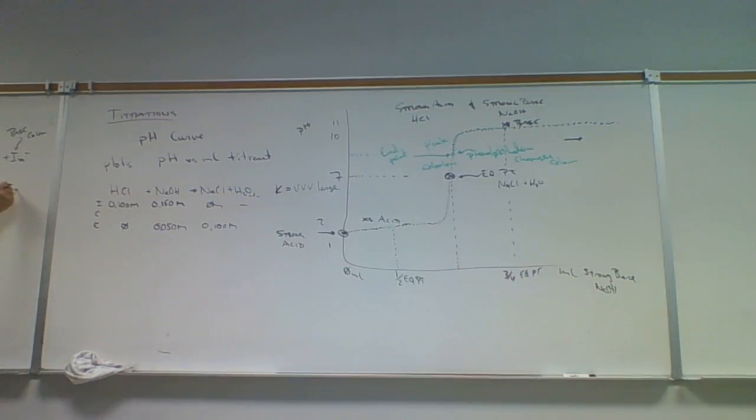IN minus to HIN concentration. So we have something like this. When we have greater than or equal to a 10 to 1 ratio of base to acid, then the base color dominates.